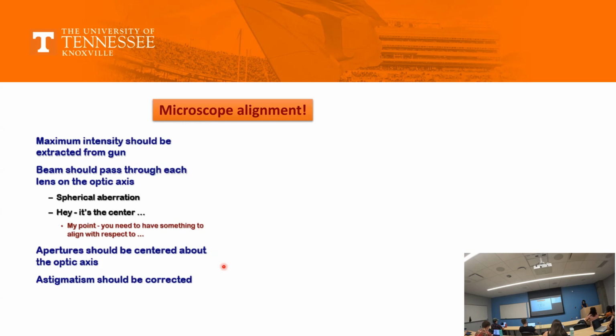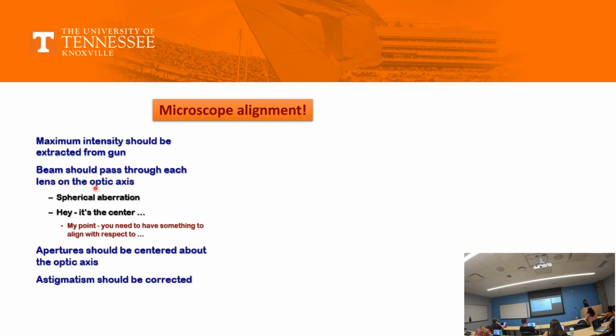So the final remarks for the alignment are: maximum intensity should be extracted from the gun. The beam should pass through each lens on the optic axis. Normally, a lot of microscopes have already corrected spherical aberration.